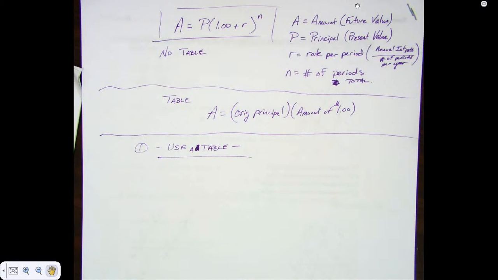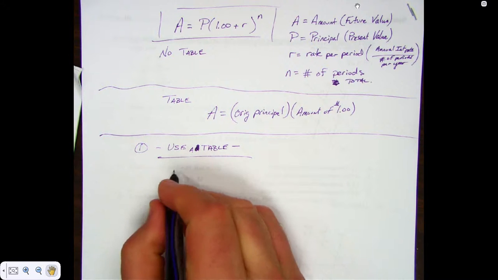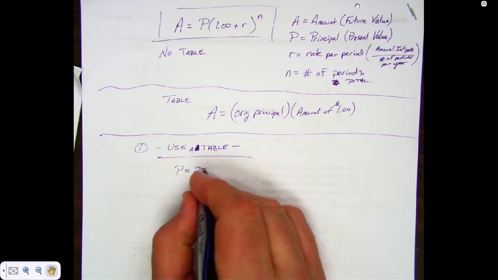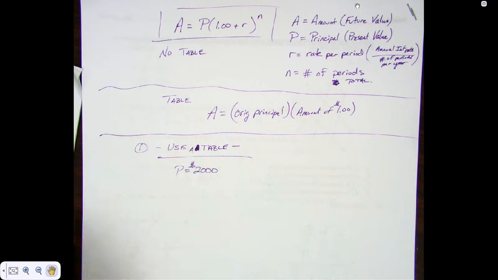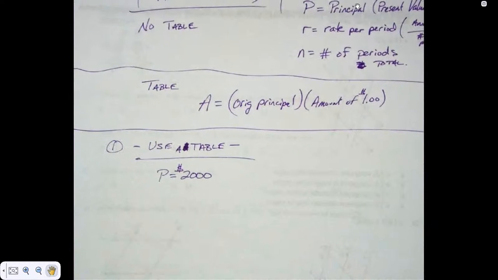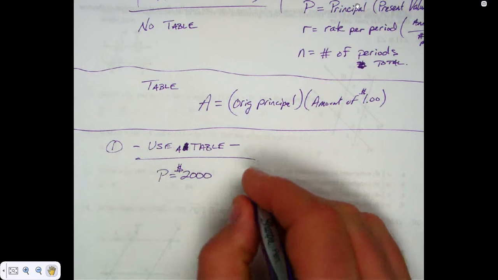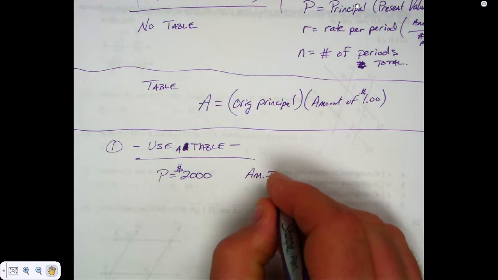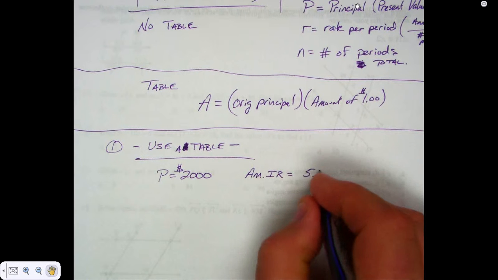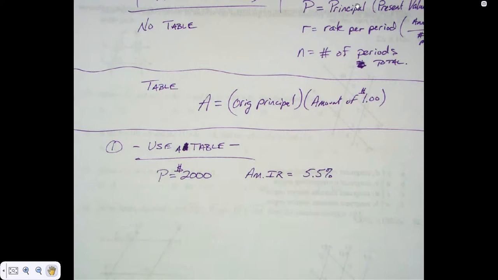So let's look at number one. Number one says Ed Cure invested $2,000. So his principal is $2,000. His annual interest rate is equal to 5.5%.